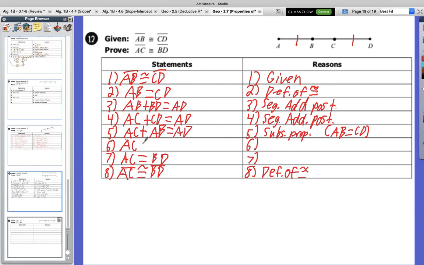So the measurement of segment AC plus the measurement of segment AB from step 5 equals, from step 3, the measurement of segment AB plus the measurement of segment BD. And that is our transitive property, because they're both equal to the measurement of segment AD.